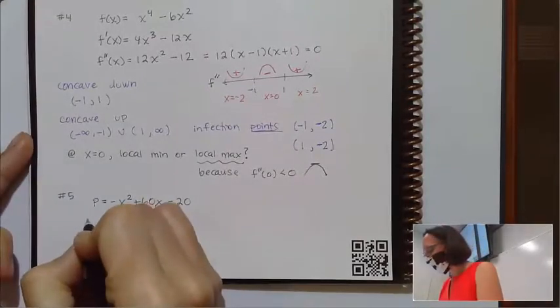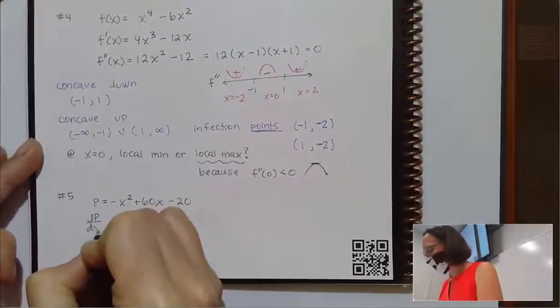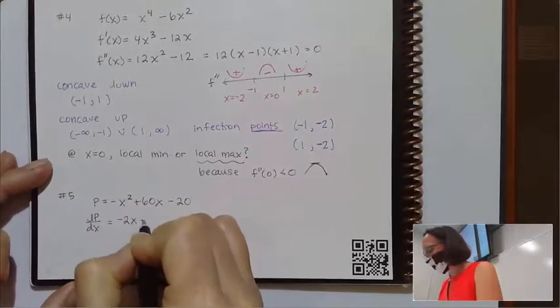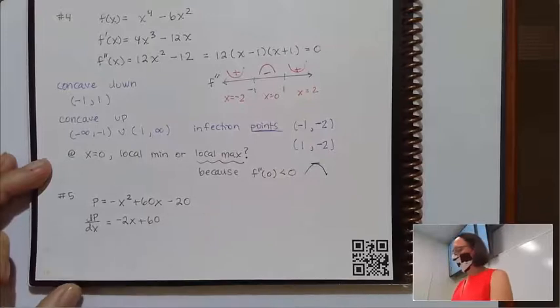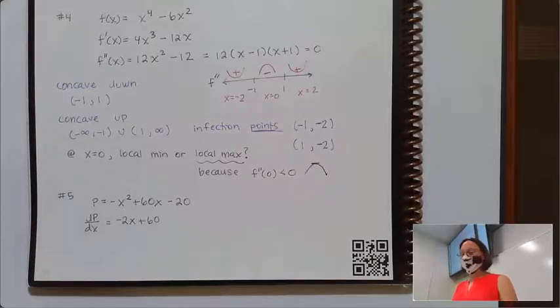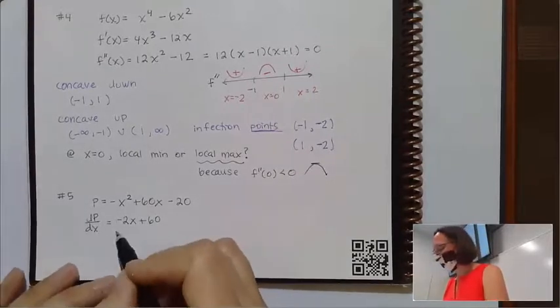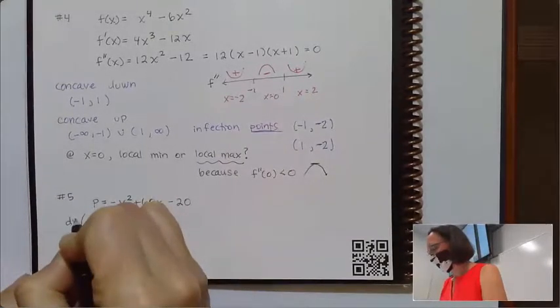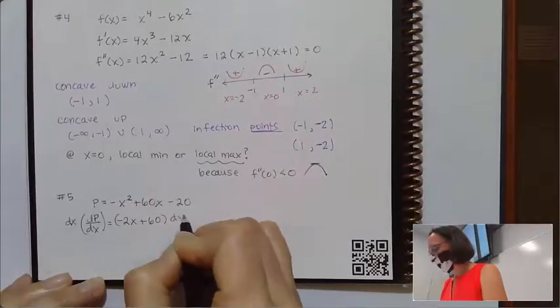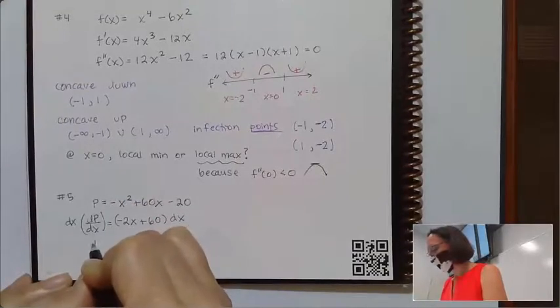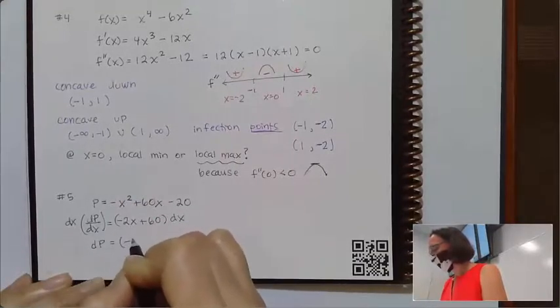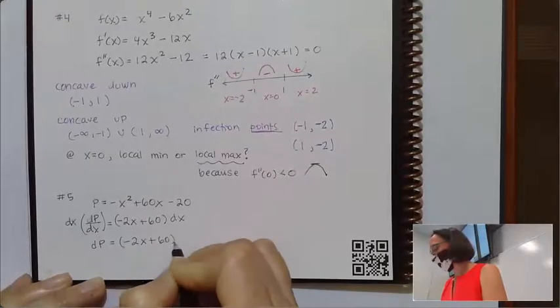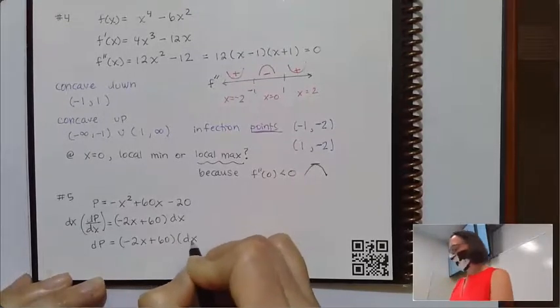Well, those differentials mean that I'm taking the derivative, which hopefully we're pretty good at by now. And then that differential piece is that I'm really thinking about this by multiplying both sides by dx. So that dp is equal to negative 2x plus 60 times dx.